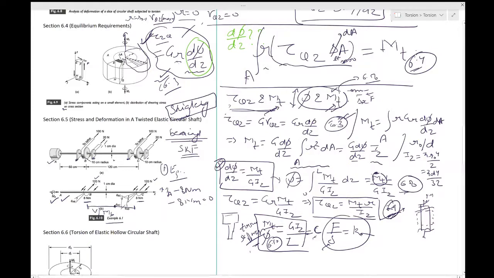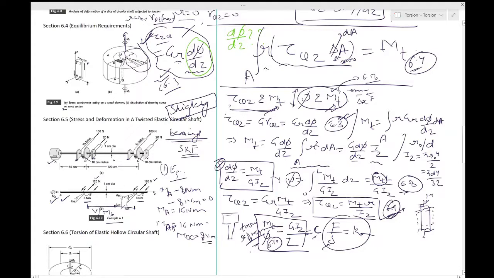So MA is the moment applied by the motor. MAB would be 16 Newton meter, and what would be the twisting moment in the segment BC? That would be equal to 8 Newton meter.